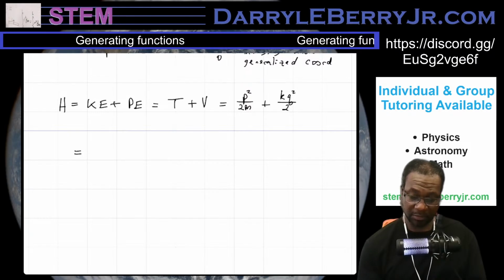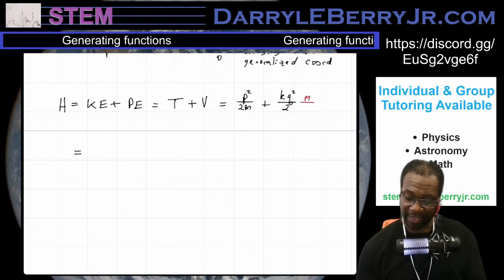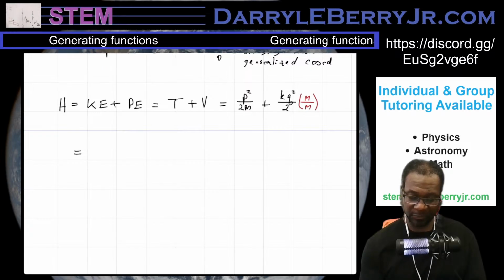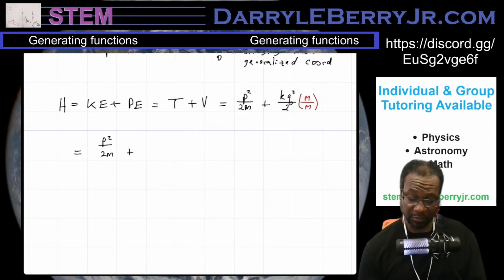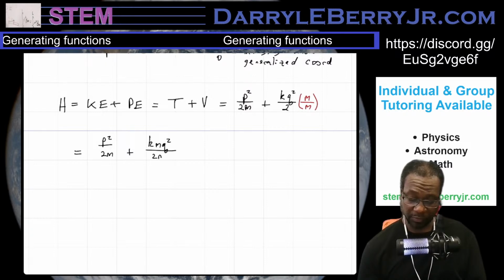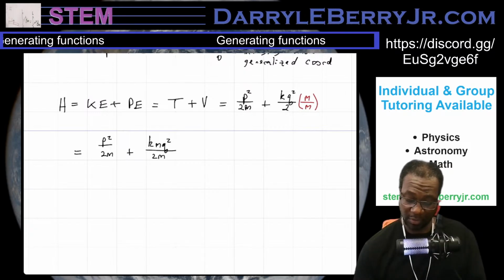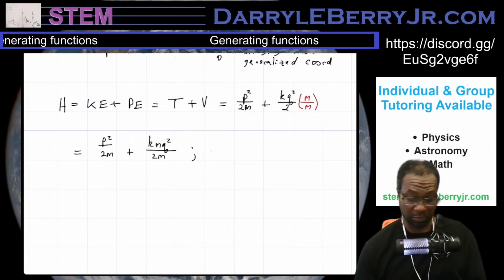To make sure I cover all the steps, I'll divide this by M and multiply it by M. So that's the same. So that equals P squared over 2M plus KM Q squared over 2M. And we'll call omega squared equals K over M.